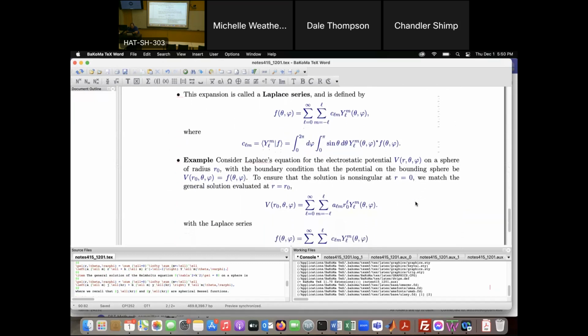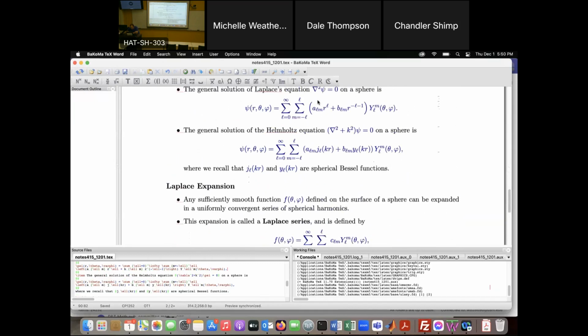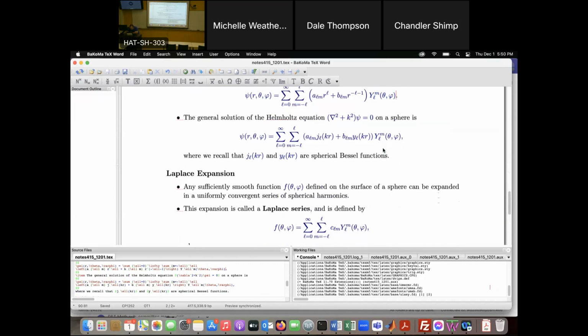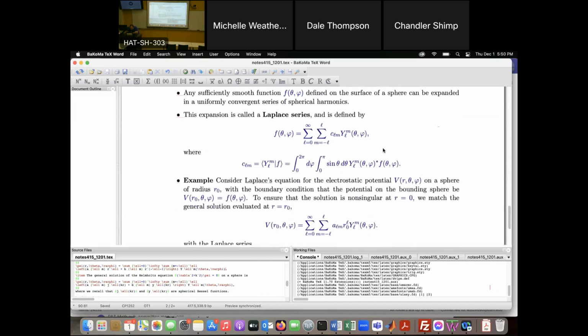Because in 2 dimensions, you just have polar coordinates. So you have something like this for the r part, and for the theta part, you just have this. So basically, sine and cosine, anything 2 pi periodic, would be enough.